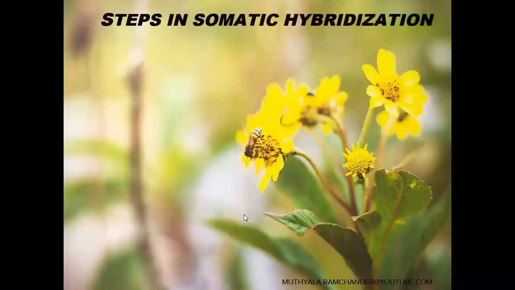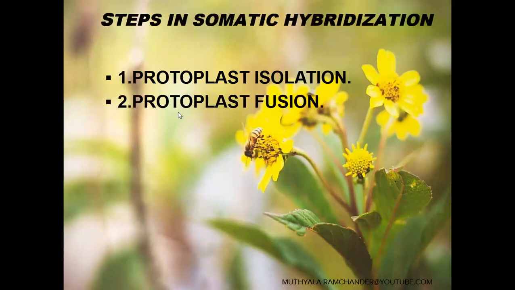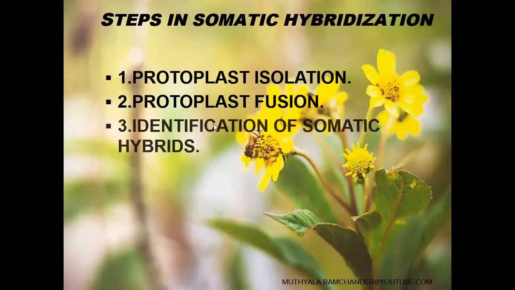So what are the steps in somatic hybridization? We'll discuss now. In somatic hybridization, or parasexual hybridization, or protoplast fusion culture, the first step is protoplast isolation. The second step is protoplast fusion. The third step is identification of somatic hybrids.